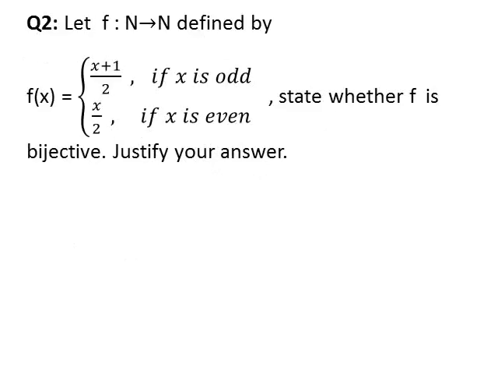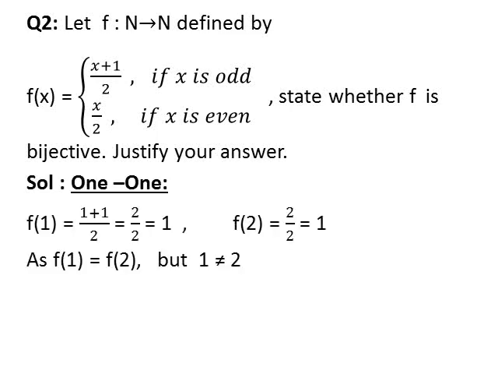Moving to the next question, let f be a mapping from N to N defined by f(x) equals (x plus 1) by 2 if x is odd and f(x) equals x by 2 if x is even. We have to check whether f is bijective or not. For bijective, first check one-one. If we take x equals 1, as 1 is odd, f(1) equals (1 plus 1) by 2, that is equal to 1.